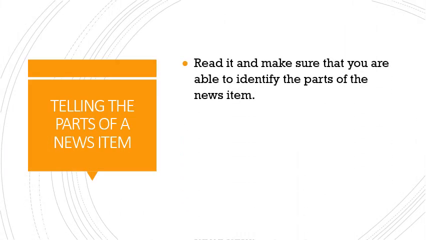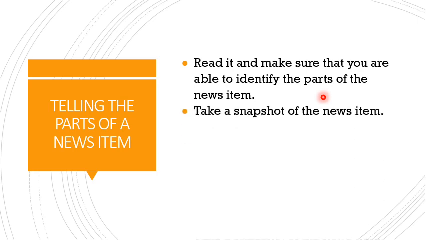Next, read it and make sure that you are able to identify the parts of a news item. When you find the English news item that you like, read it and make sure that you understand it. Identify the parts. You remember the parts? Take a snapshot of the news item.